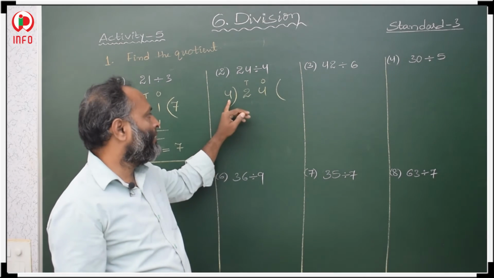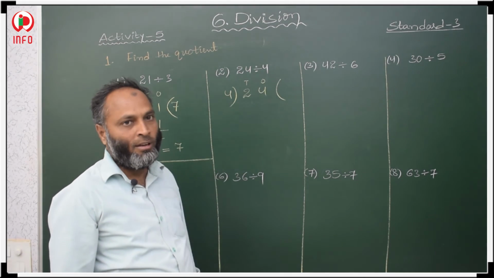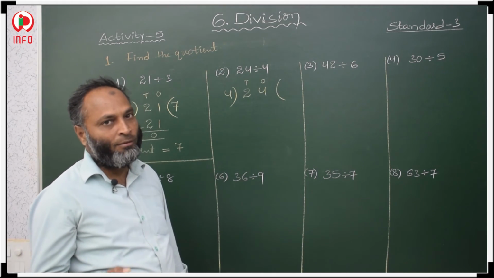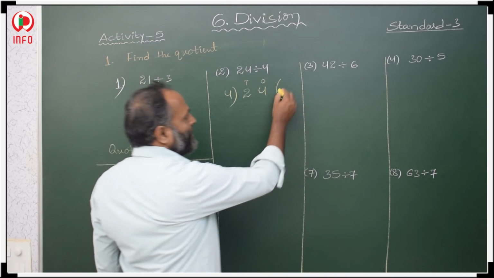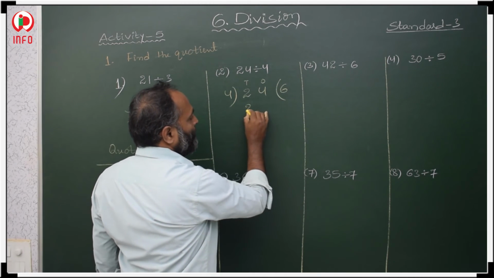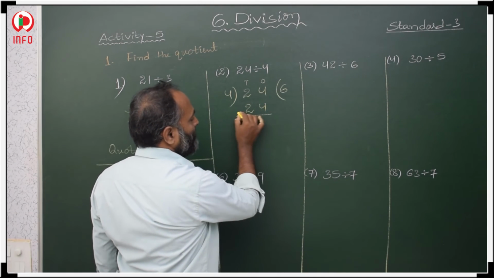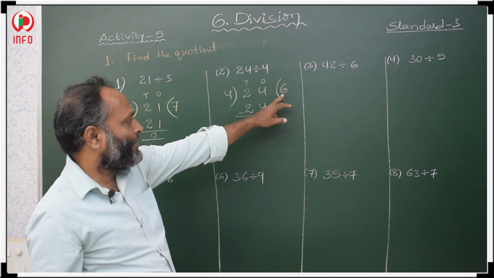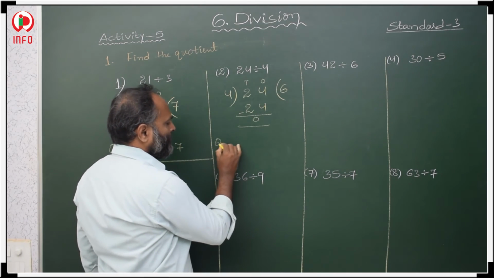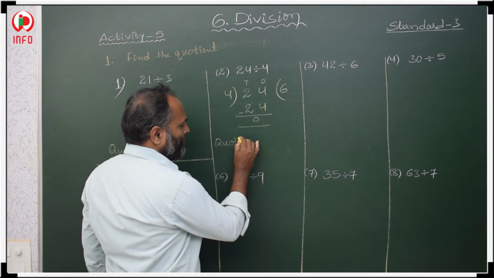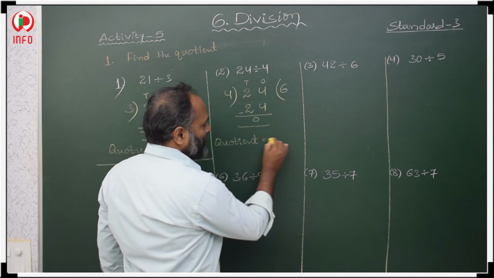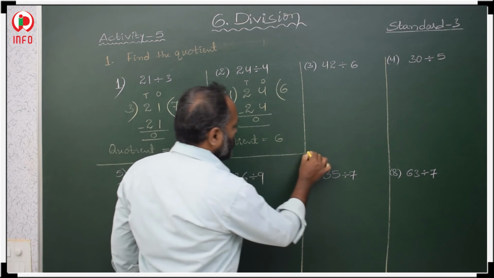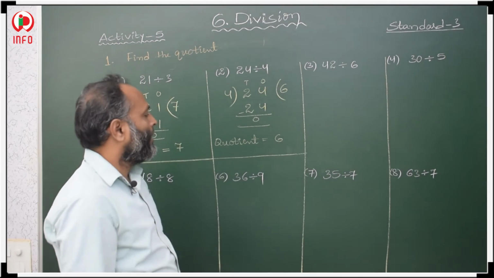In the 4 table, 4 5s are 20, 4 6s are 24. Same number minus same number, 0. 0 is the remainder. Then this is our quotient: 6.